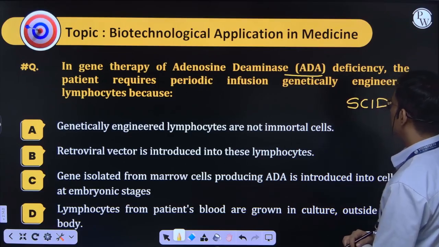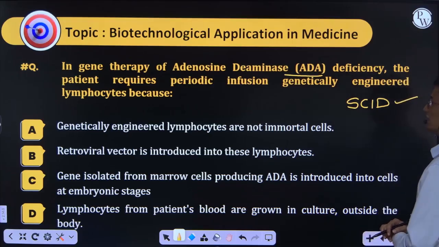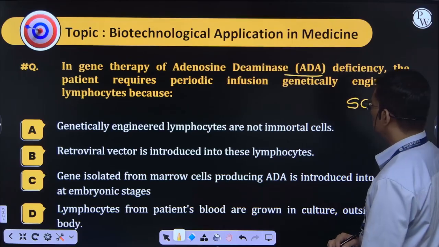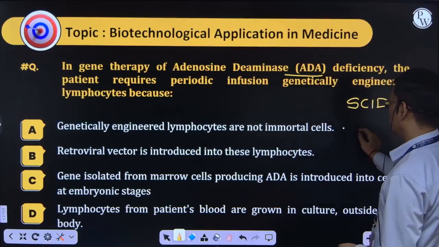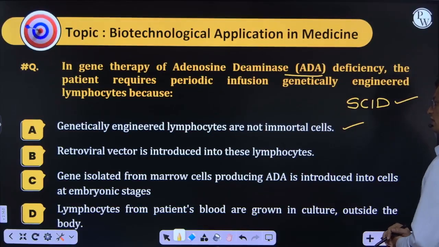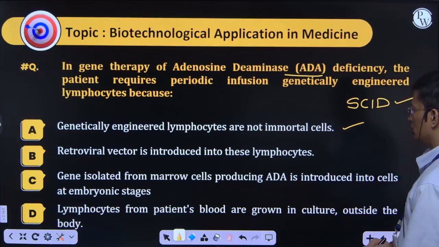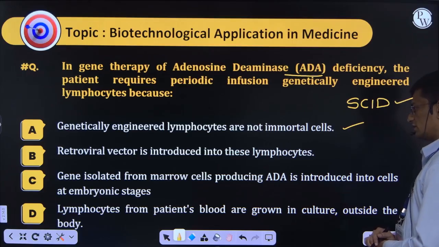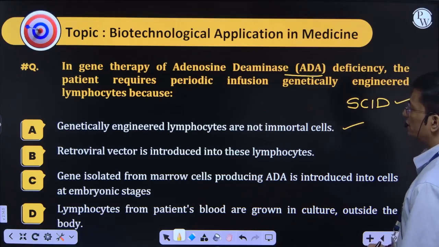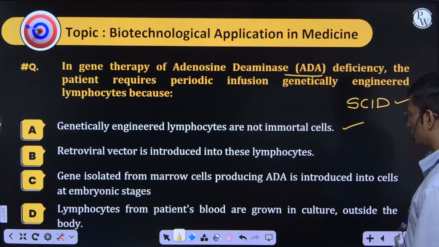For this, we can use genetically engineered lymphocytes, but there is a problem: these lymphocytes are not immortal. A retroviral vector introduces the ADA gene, isolated from bone marrow lymphocytes, into the cell in the early embryonic stage. This is a permanent cure.